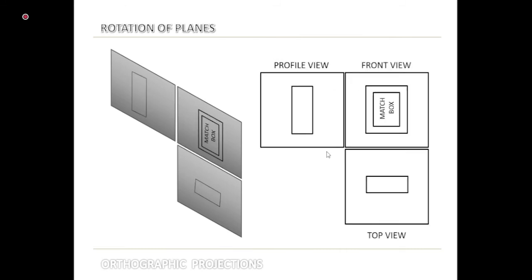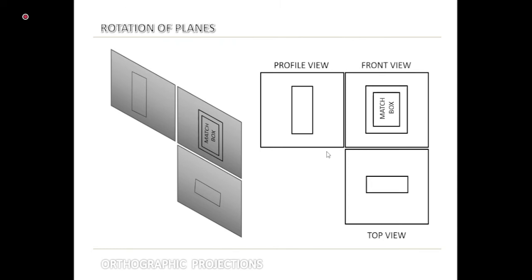This is what we should do if we are going to draw the orthographic projection of a matchbox, which was kept like that. Then this is how the view will look. You see, you have the front view of the matchbox in the vertical plane, the top view in the horizontal plane, which has been rotated 90° in clockwise direction.